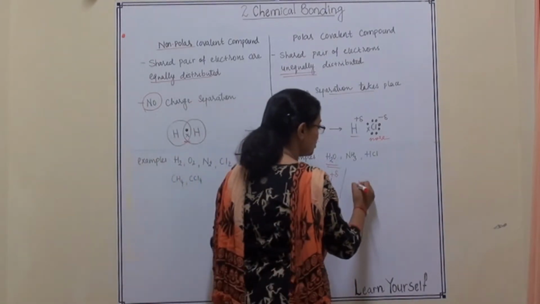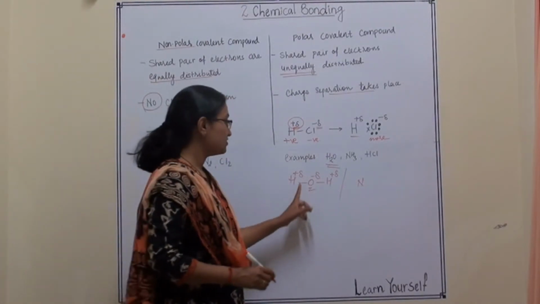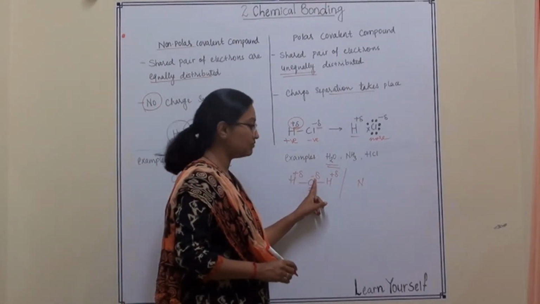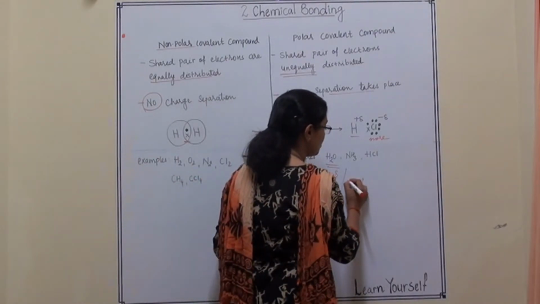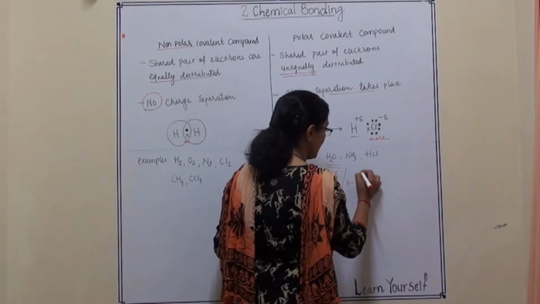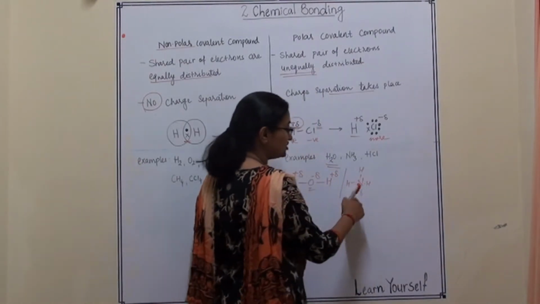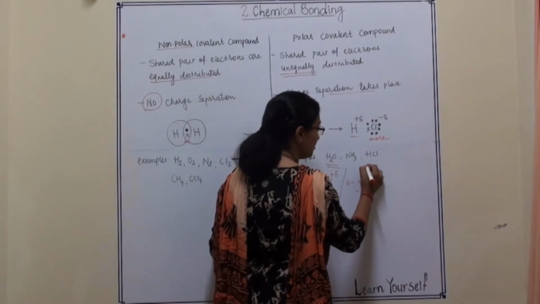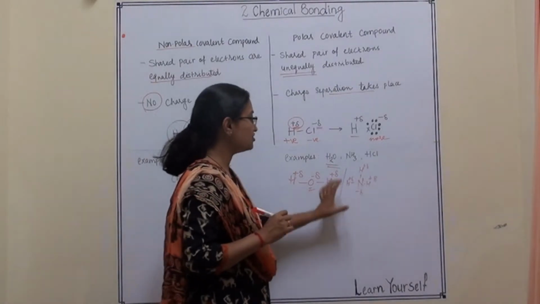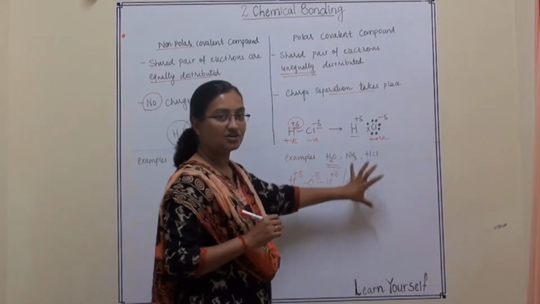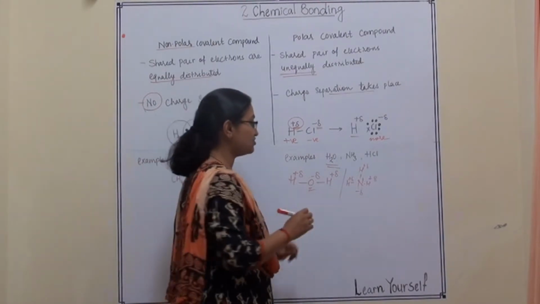Also, the lone pair of electrons will be there on oxygen, so the partial delta minus charge will be generated on oxygen. Whereas in nitrogen, the lone pair of electrons will also be there. So the partial charge will be generated on nitrogen as well as on hydrogen. All hydrogens will have a partially positive charge and nitrogen will have a partially negative charge.